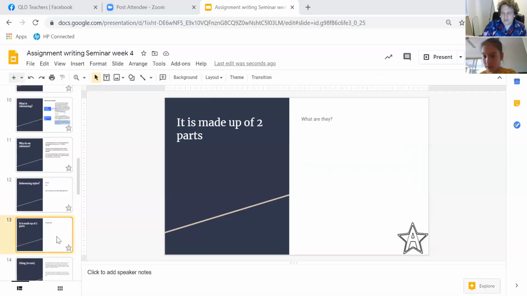So what are the two parts of the referencing that we do? There's two main components for referencing. So what's in text? We have the citations. And the references. Which one's more important, the reference list or the citations in text?